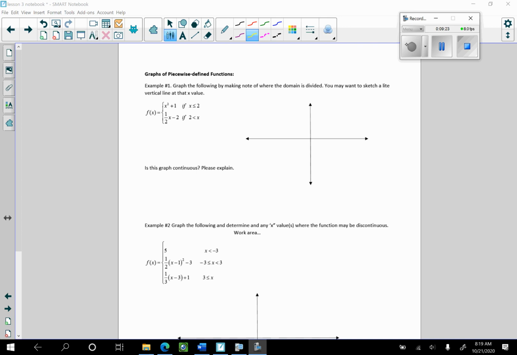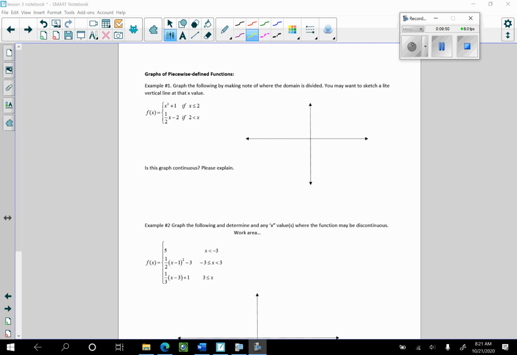Do you remember how we learned to graph piecewise functions in Algebra 2? For those of you that had Miss G, she may or may not have done this. I'm quite certain that she did it correctly. But there is a tool that I use when I teach graphing piecewise functions that helps. That's just an aid in graphing those.